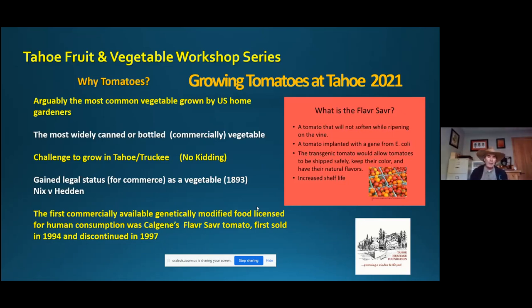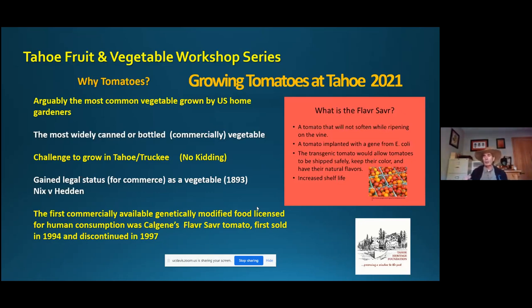And another interesting fact is that the first commercially available genetically modified food licensed for human consumption was a tomato. It was Calgene's Flavr Savr tomato, and it was sold between 1994 and 1997. The advantages for the Flavr Savr was that it would not soften when it ripened.